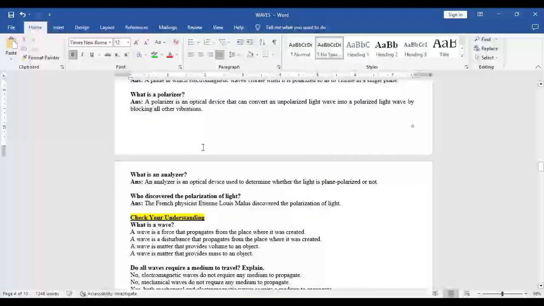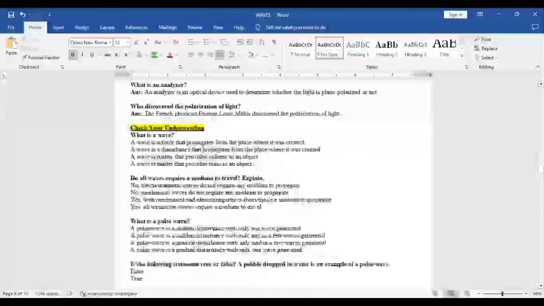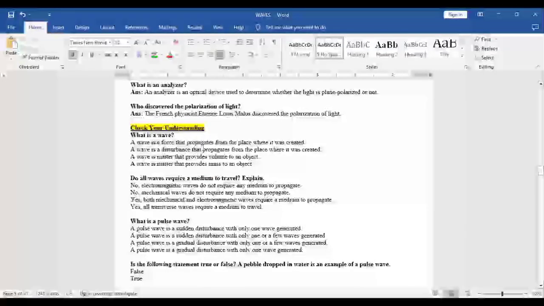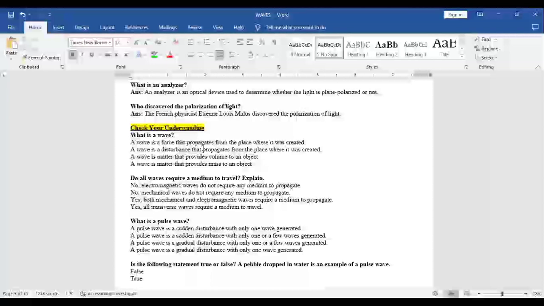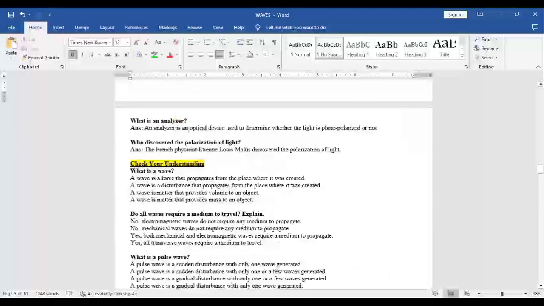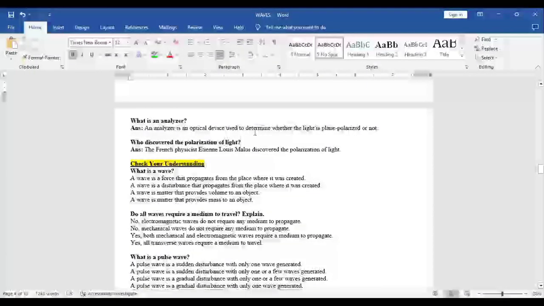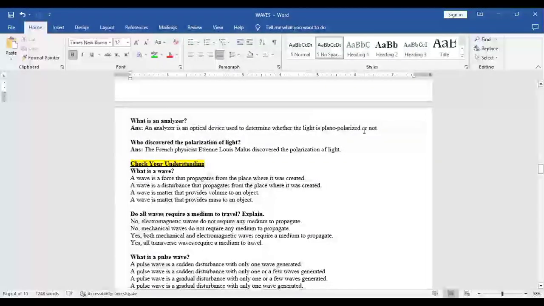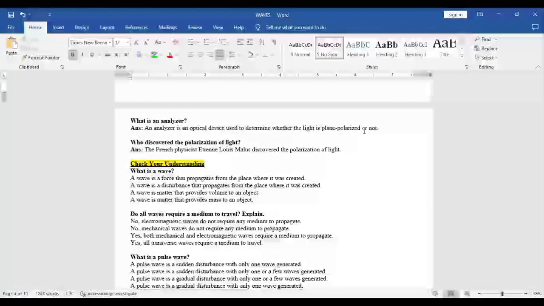This other question is, what is an analyzer? An analyzer is an optical device used to determine whether light is plane polarized or not.